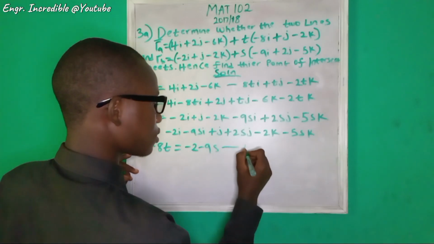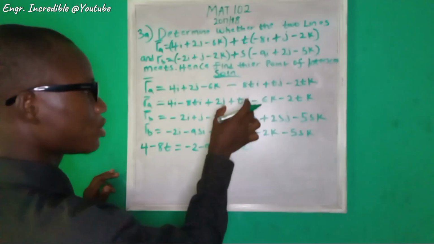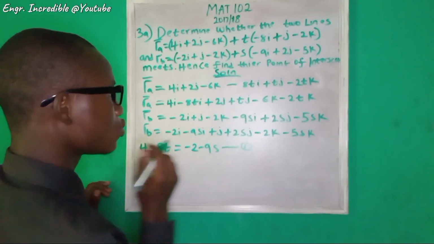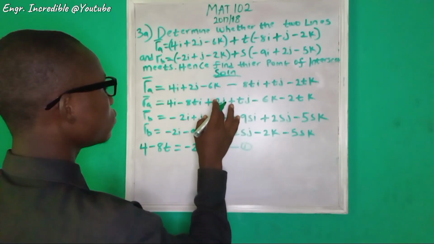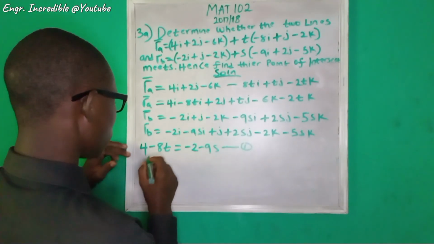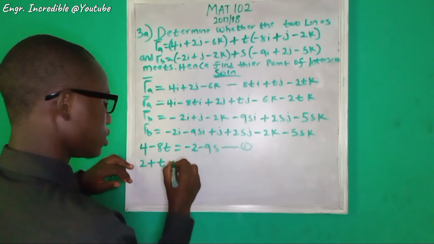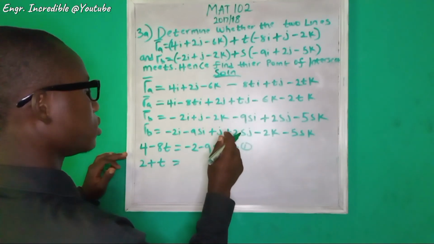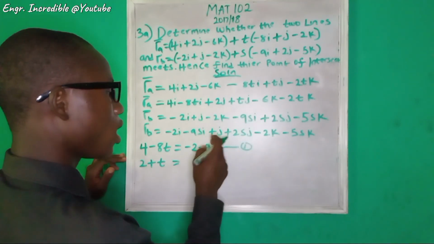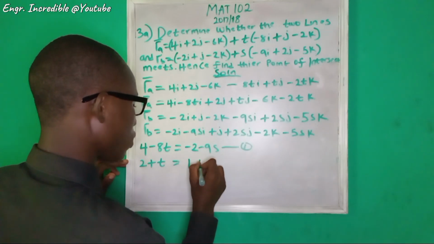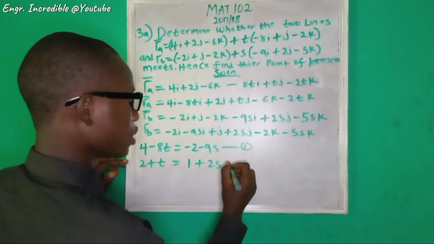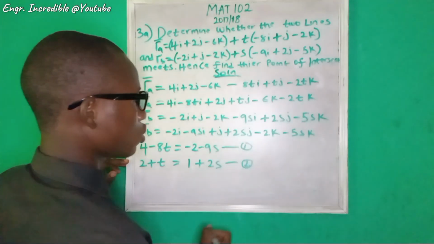We can keep this as equation 1. Then we also pick from j and from k. From j we have 2 + t equals 1 + 2s, which we can keep as equation 2.